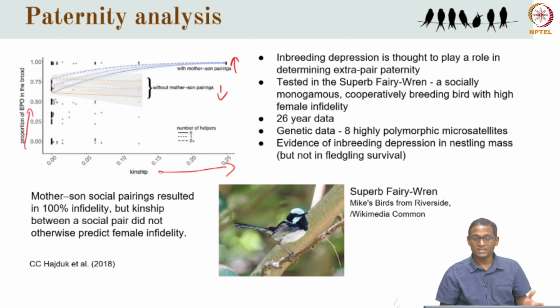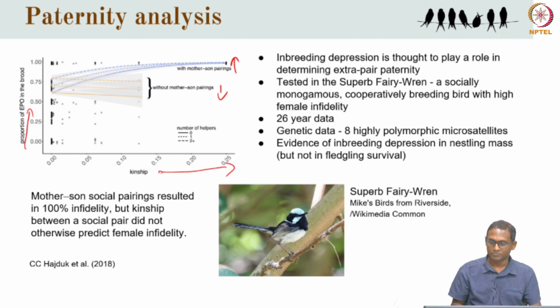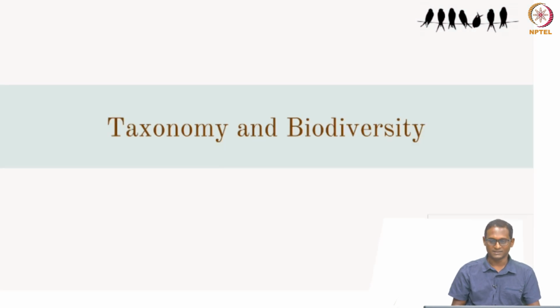So that's fascinating. Essentially, the more related you are to your socially paired individual, the more extra pair paternity that is there. Now, we are not discussing why and how this works, but at least we know that the genetic data that you collect with molecular tools can be used to answer questions like this.